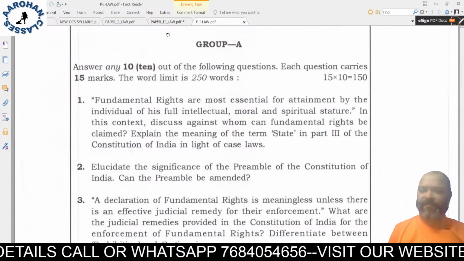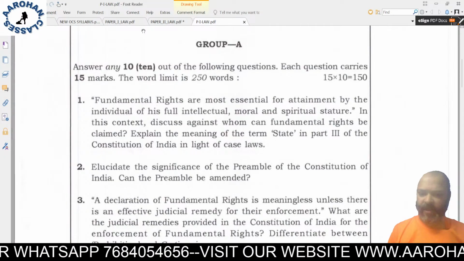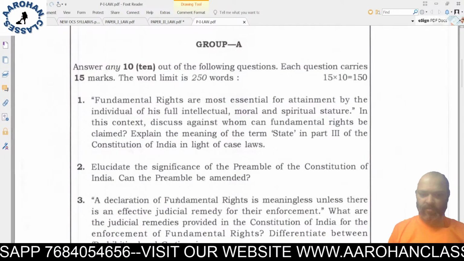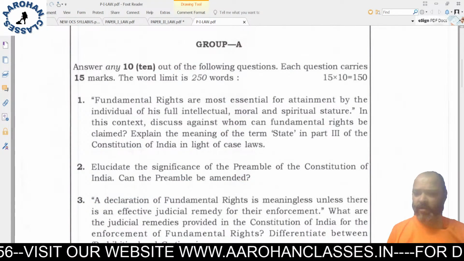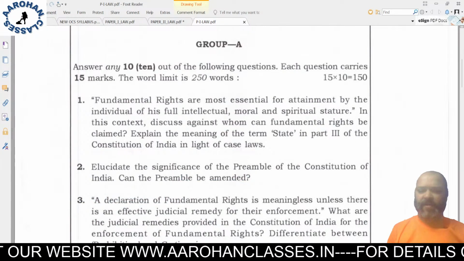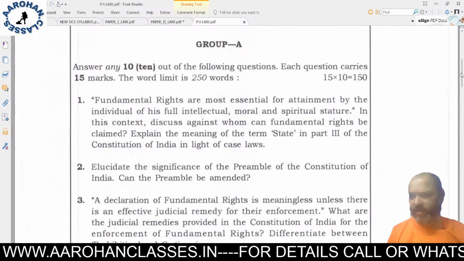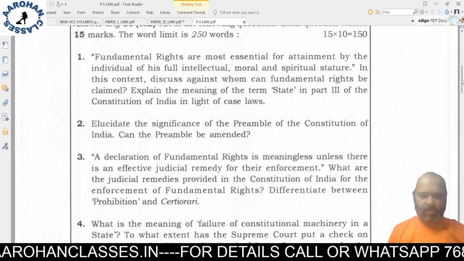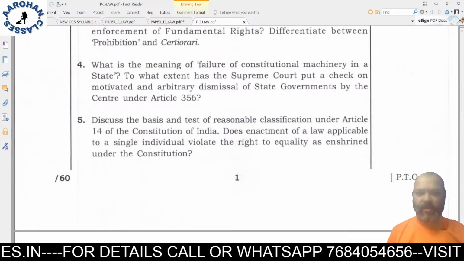A declaration of fundamental rights is meaningless unless there is an effective judicial remedy for their enforcement. What are the judicial remedies provided in the Constitution of India for enforcement of fundamental rights? Differentiate between certiorari and prohibition. Question 4: what is the meaning of failure of constitutional machinery in a state?